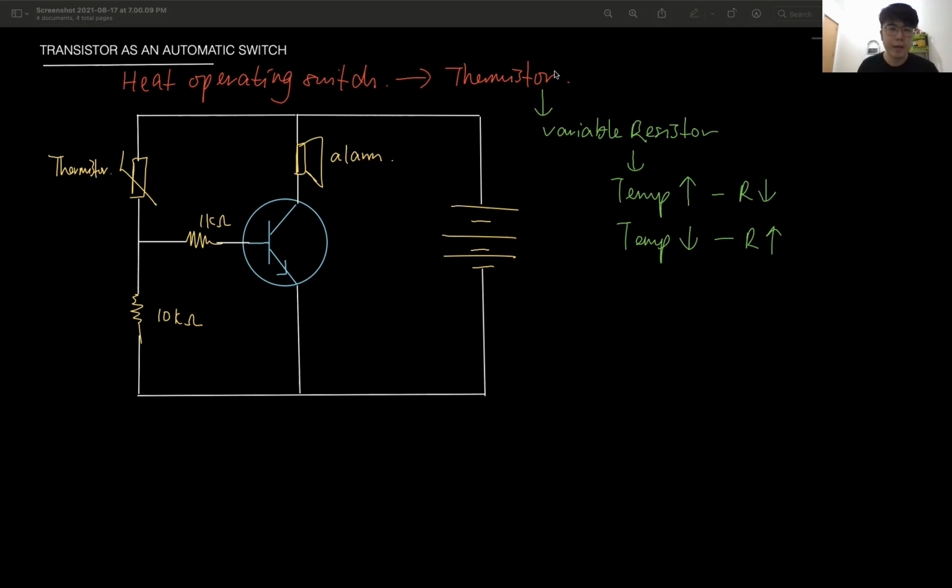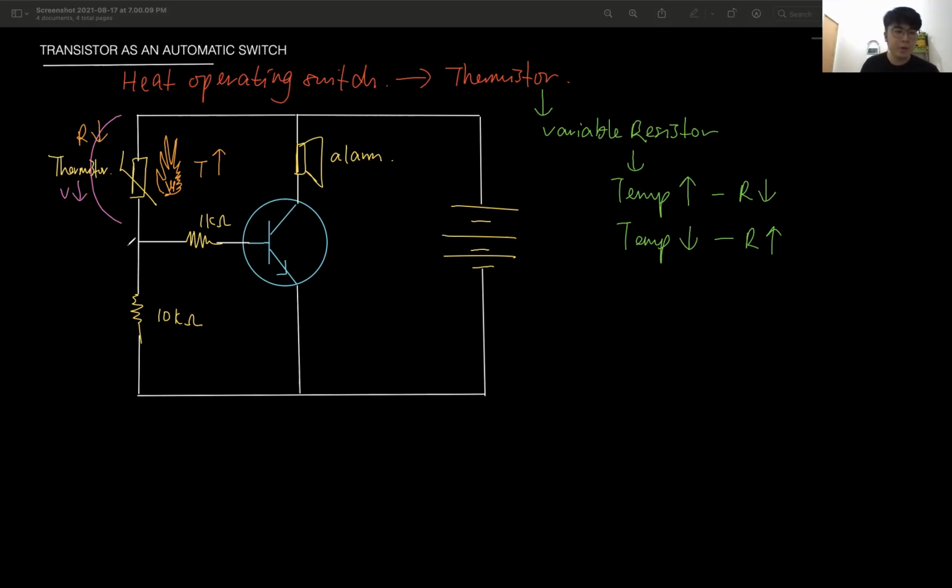How does the circuit work? Now, when there's fire, the temperature increases. When the temperature increases, what happens to the resistance of the thermistor? Drops. When the resistance drops, then the voltage across the thermistor will also drop, right?